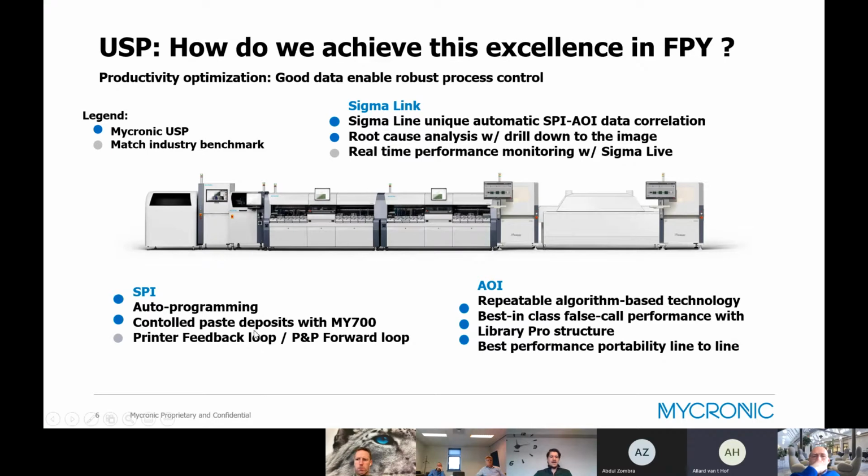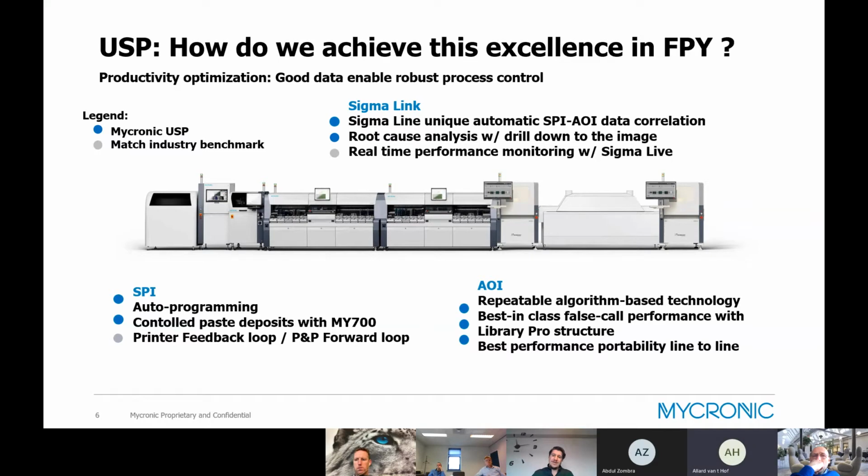On SPI, the auto programming is helping. Then we have a feature to work with our jet printing machine, for example. The feedback loop to the stencil printer is normal, everybody has that. And for AOI, very important and where we are very strong is that our machine is algorithm based, meaning we have had very strong algorithms for many, many years.